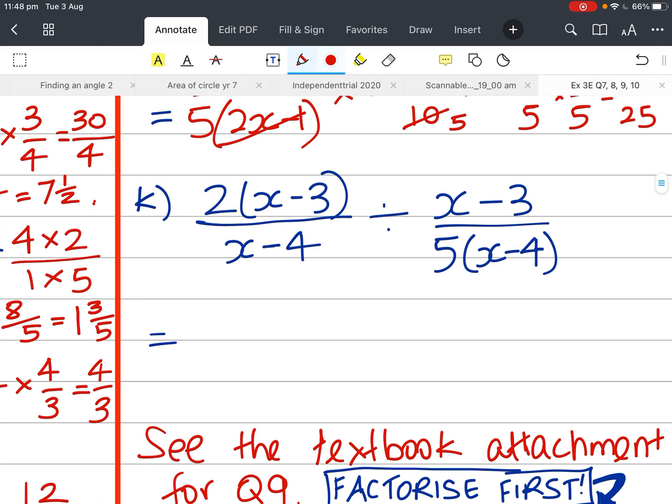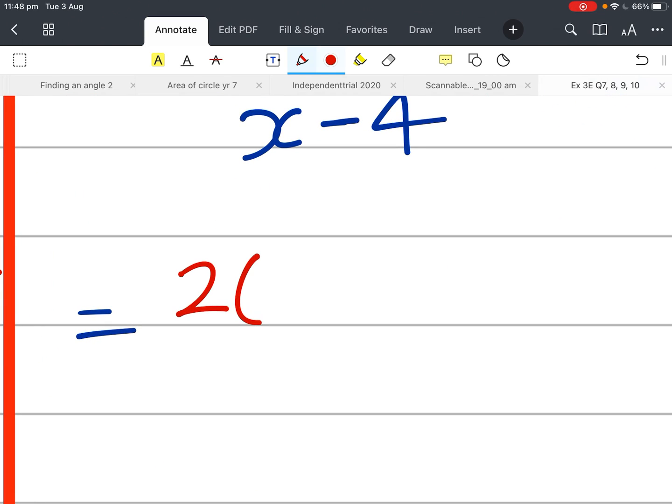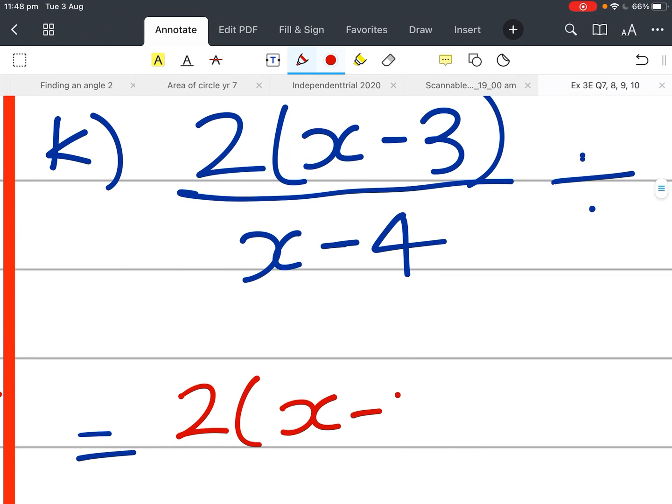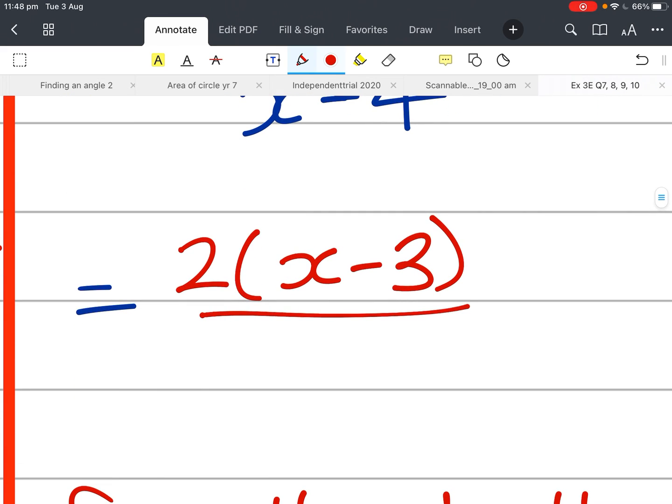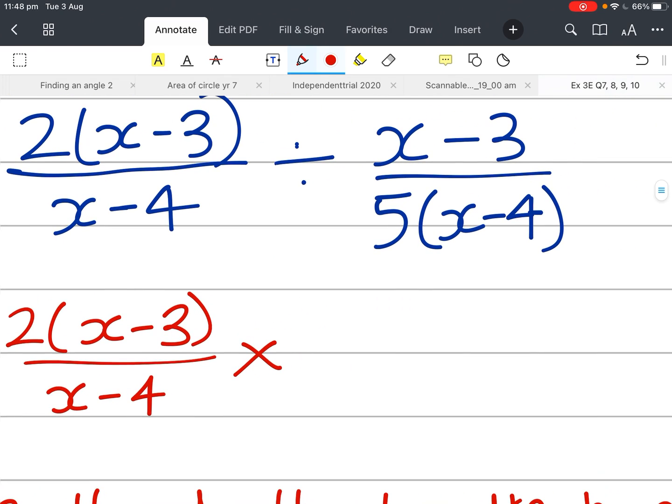Okay, pause the video if you want to have a go at this one on your own. Otherwise, come on the journey with me. Okay, let's rewrite. 2 bracket x minus 3 all over x minus 4. Change the division to a times. Flip that second fraction.